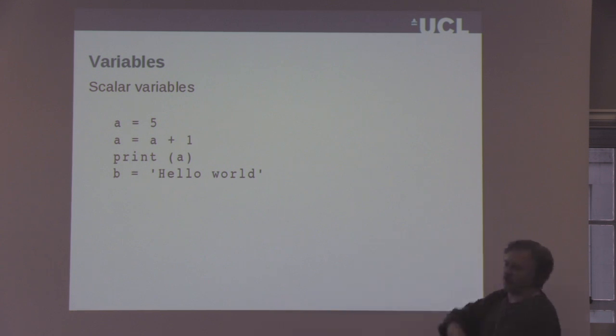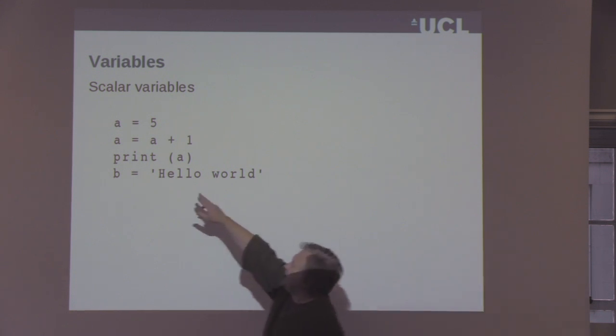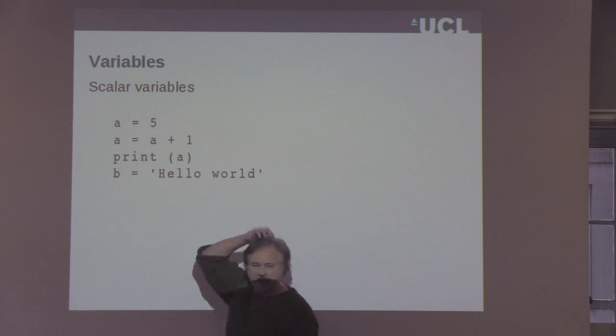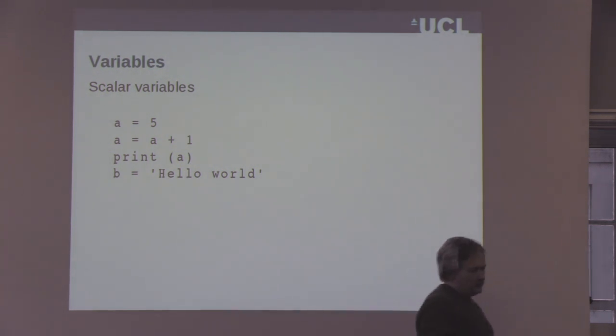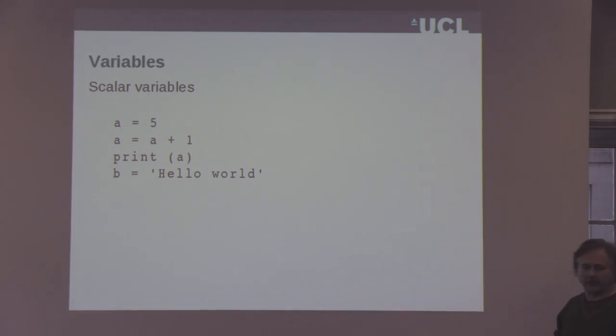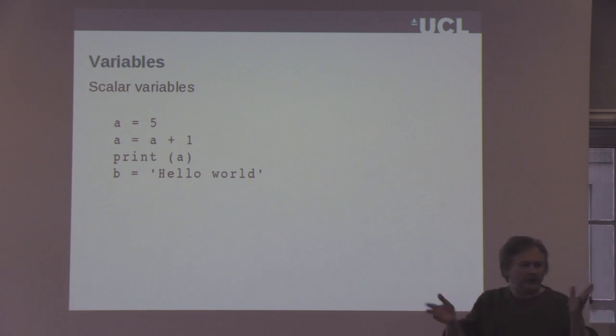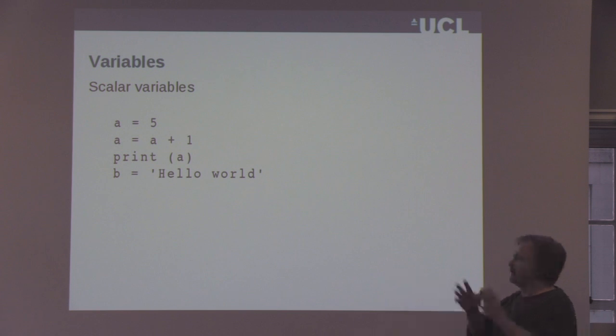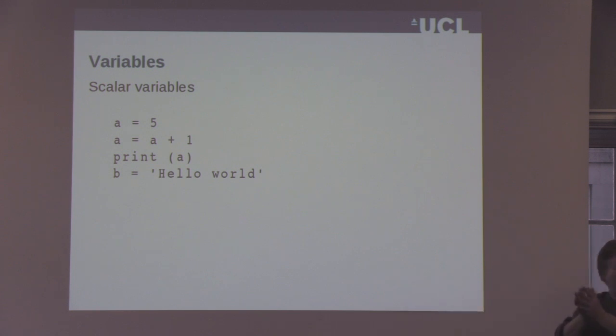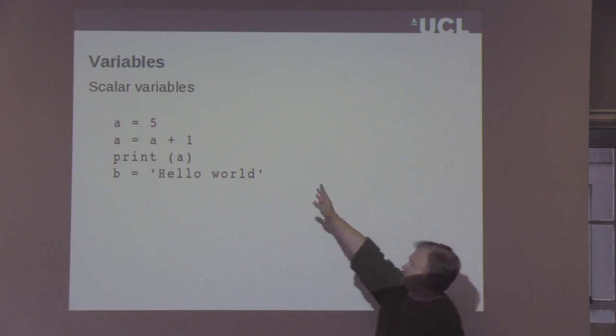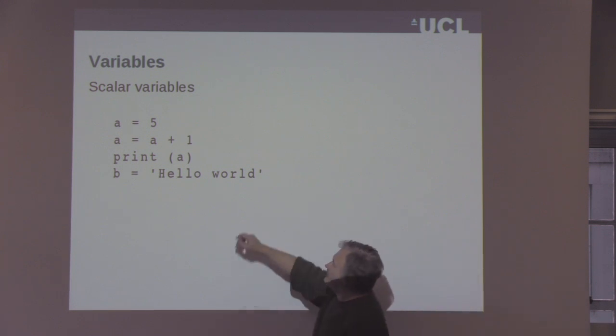So in this case, we've got a scalar variable, we've called it A, and we're setting A equal to 5. It's a little bit like concepts in maths where you have letters to represent numbers and so on. Or you can just think of it as slots where you can store a bit of information. So we've got something called A, and we're going to set it to 5.